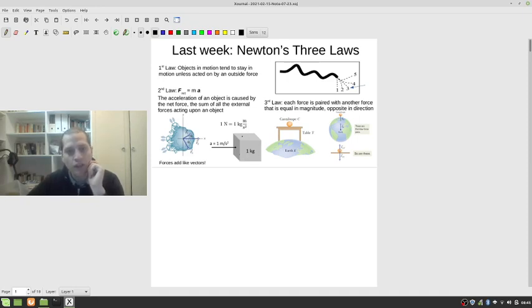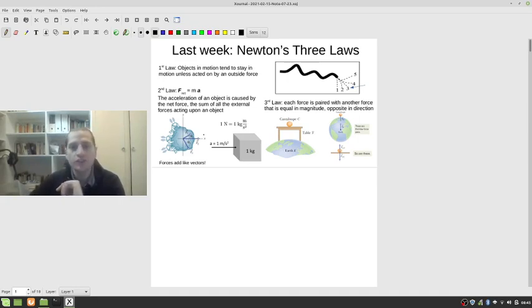If you have a 1 kilogram weight, that's around 2.2 pounds, and you push on it with 1 newton of force, it will accelerate to a speed of 1 meter per second in 1 second. So that's the physical meaning of a newton.